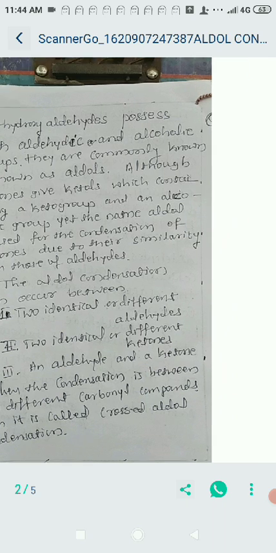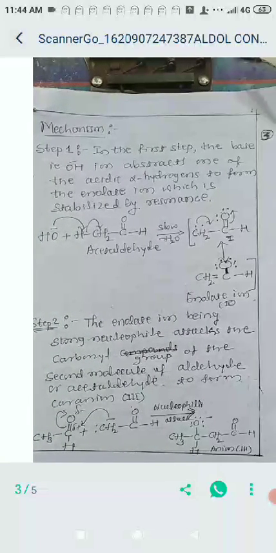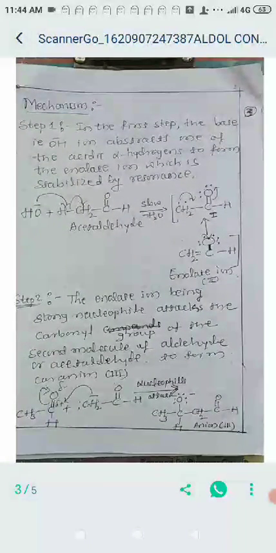And next, here the mechanism is there, how the reaction takes place. The first one, that is step 1. Acetaldehyde reacts with a nucleophile.